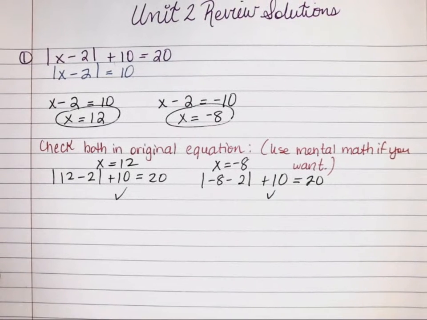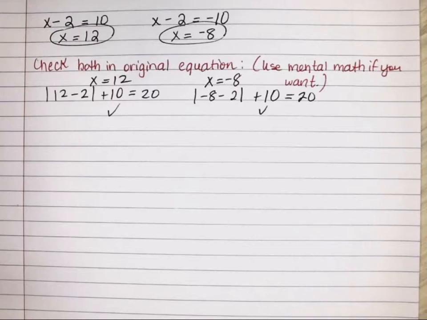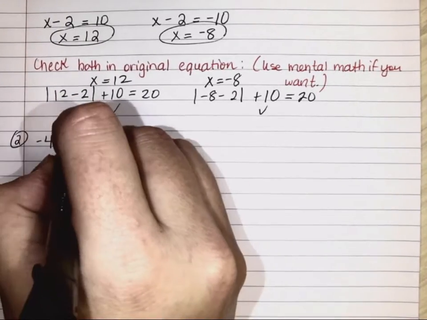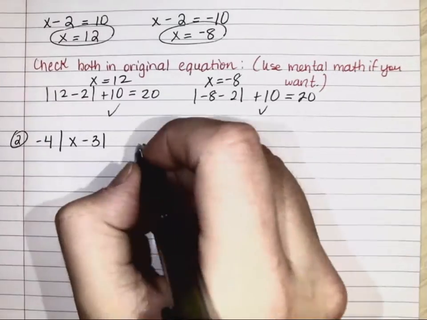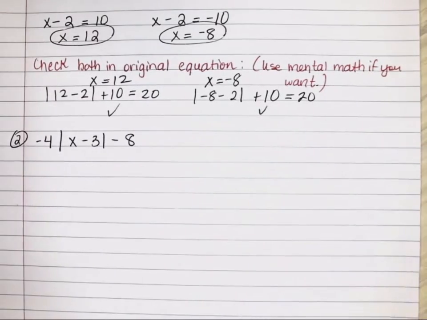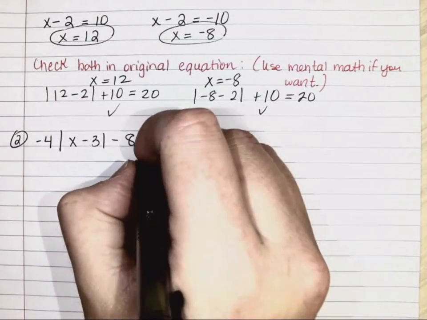And number 2. I have negative 4 times the absolute value of x minus 3, minus 8 equals 4.